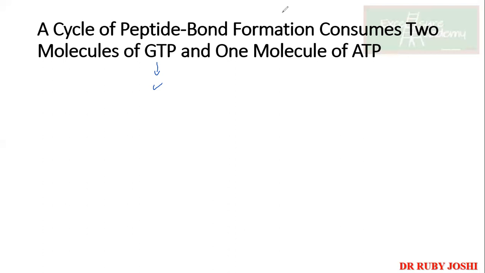Okay, Akshay, would you like to try? One GTP is used for that EFTU, and one GTP is used for EFG, and I guess the ATP is for the adenylation, the first process for charging the tRNA. Correct, correct, correct. So you are using one molecule of ATP to charge your tRNA.